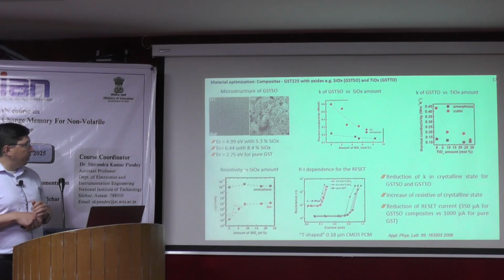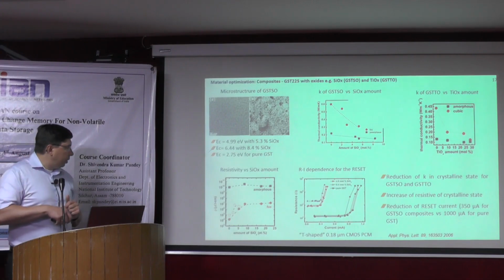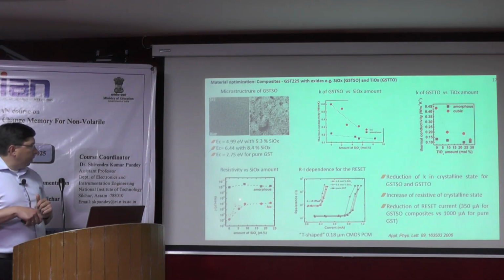Also the resistivity of the amorphous phase increases, in the amorphous and in the cubic phase, but mainly in the crystalline phase. With a high amount of SiOx, you see an increase of up to an order of magnitude. Here the resistivity of the amorphous phase is not impacted a lot.